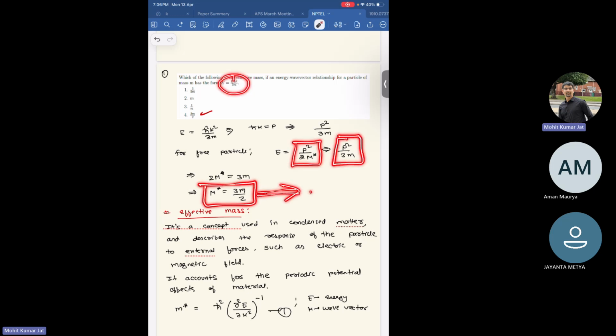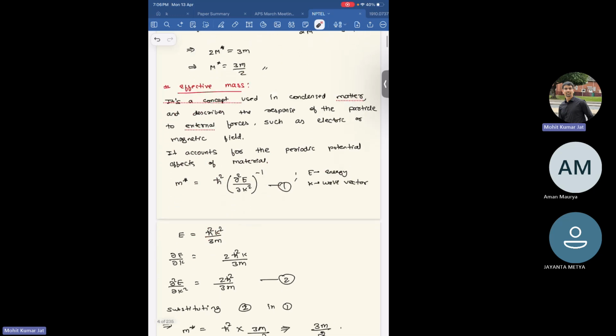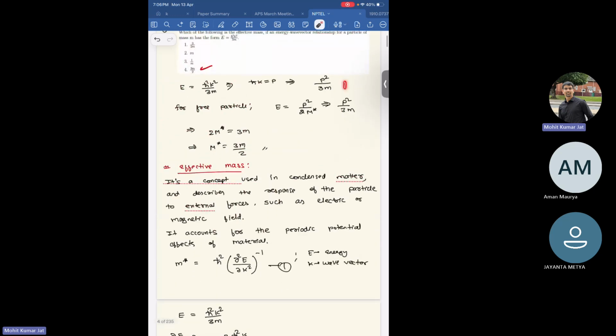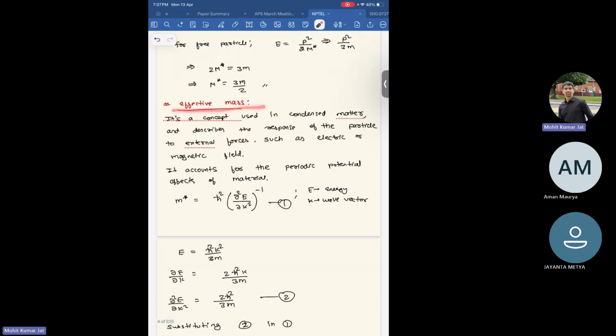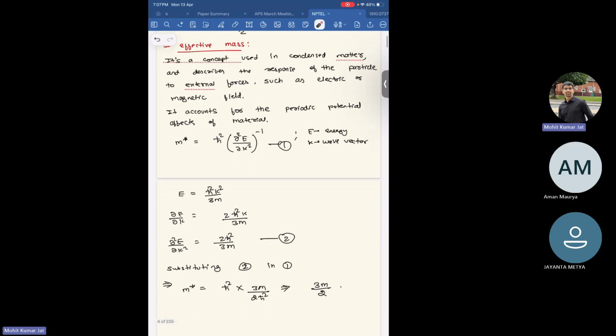That's one way. Whereas the more accurate way, if the dispersion is cubic, let's say, instead of k square, or linear like graphene, then you will have to use the proper formalism to derive the effective mass. As you know, effective mass is for when an electron moves in a periodic lattice. It accounts for that periodic potential, right? So m star is nothing but, in mathematical form, h bar square times the inverse of the double derivative of energy with respect to wave vector k.